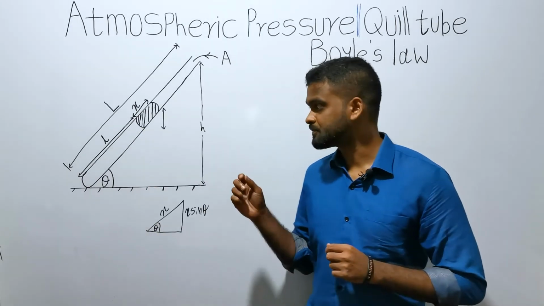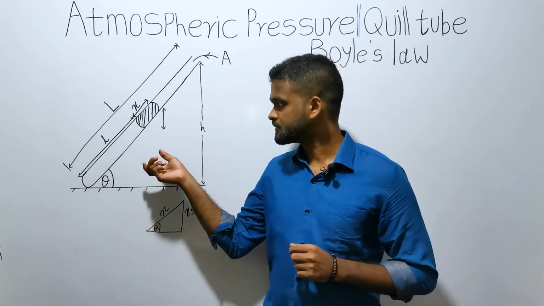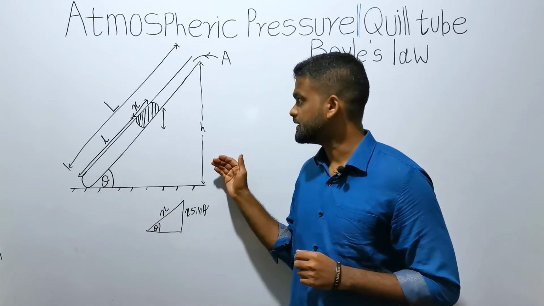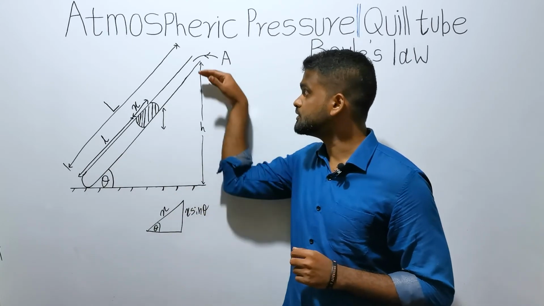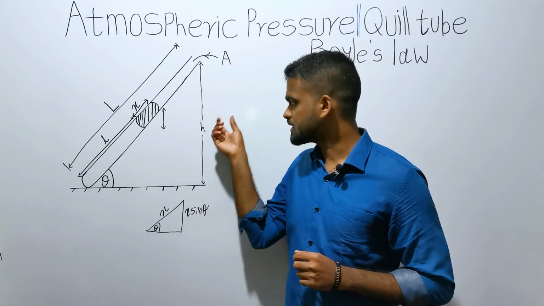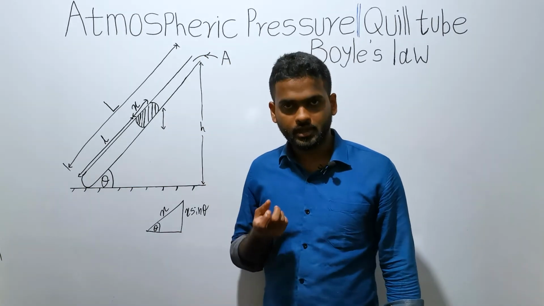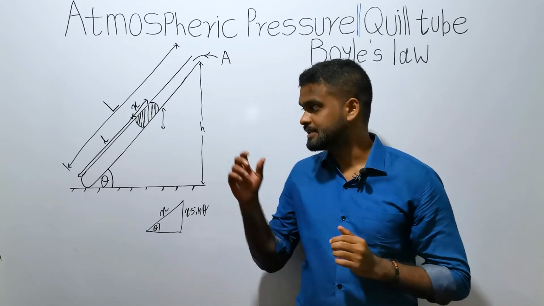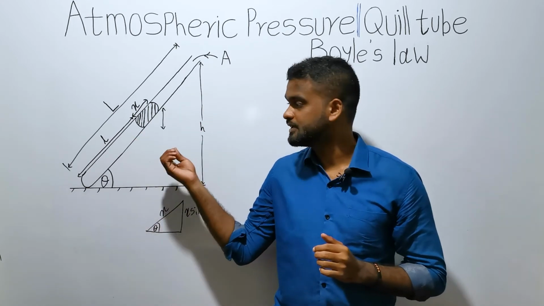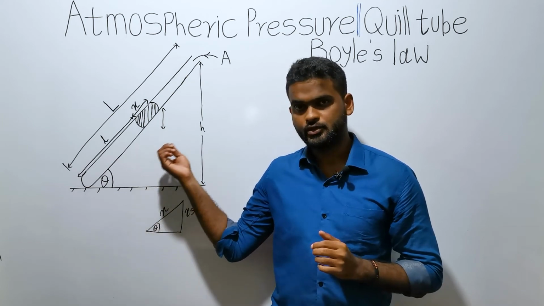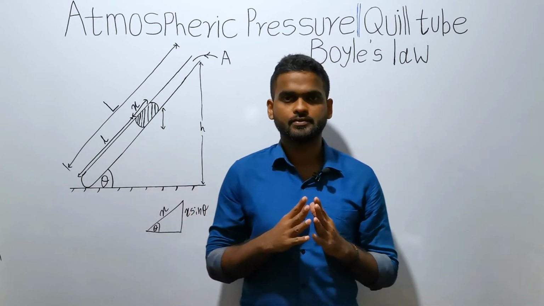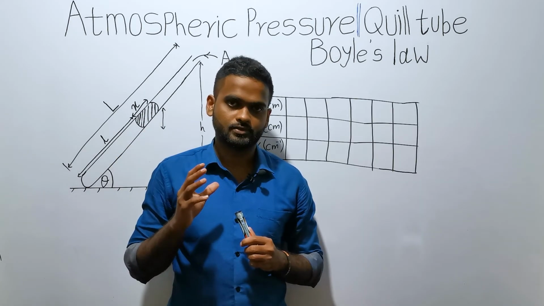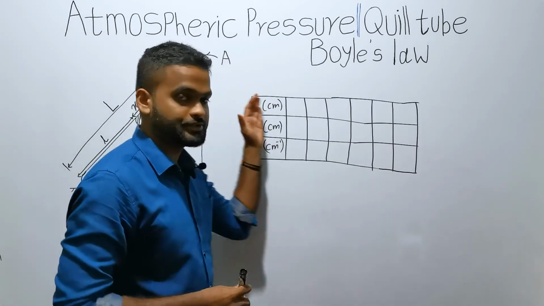Then measure the length of the trapped air column and the vertical height from table to the top end of the quill tube, symbol H, and note down those values. By changing the inclination of the tube by adjusting the stand, you can get about 6 pairs of readings for H and L. Then you can enter those values in a table like this.